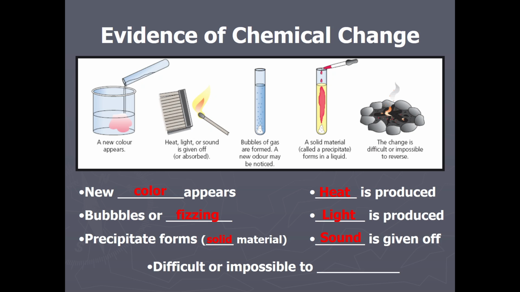Another important thing, usually one of the most important pieces of evidence of chemical change, is that they're difficult or almost impossible to reverse. Have you ever burned a piece of paper and then collected all the smoke and ash and reassembled it into a piece of paper? You ever struck a match and decided, I'll just fix it and reuse it later?